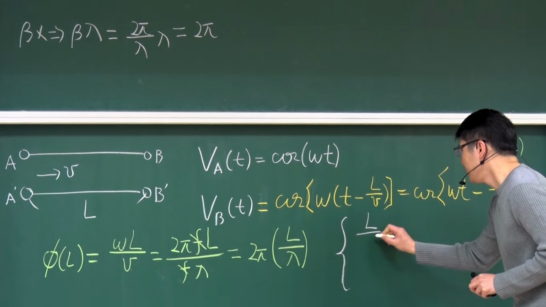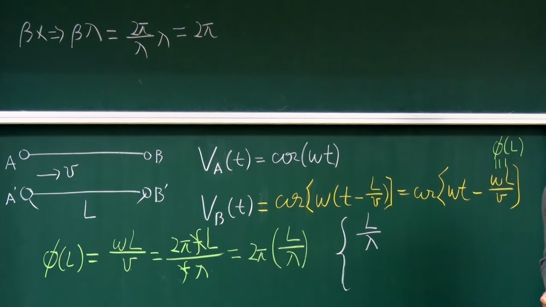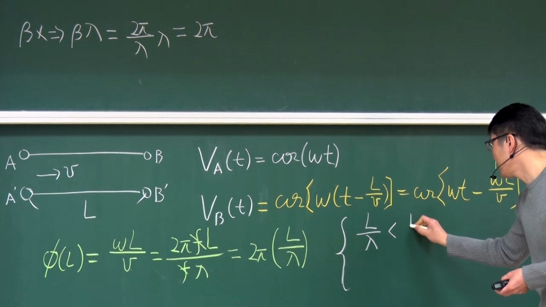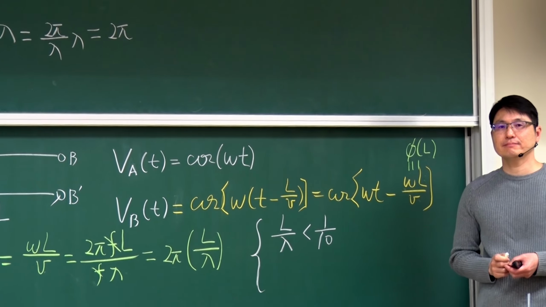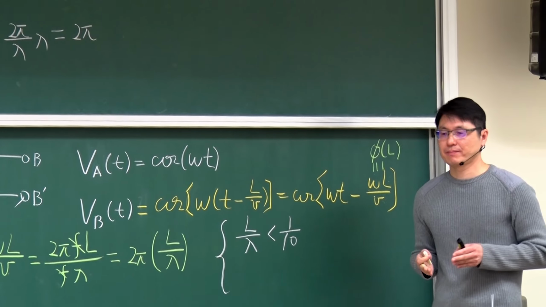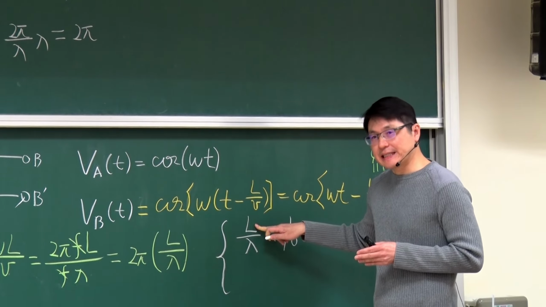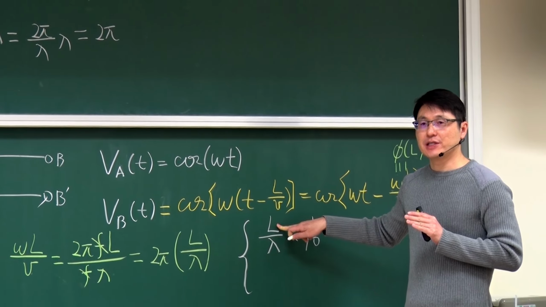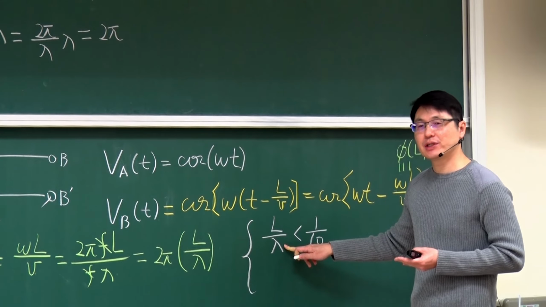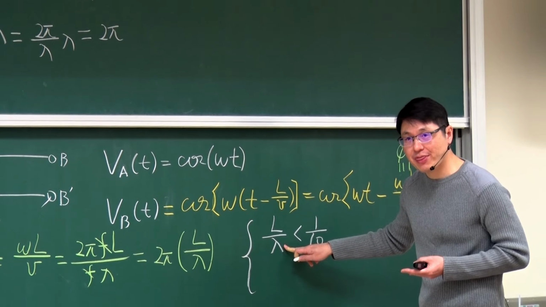When L divided by lambda is, well, smaller than 1 over 10, this means the distance of the transmission line is very short as compared to the operational wavelength, right?